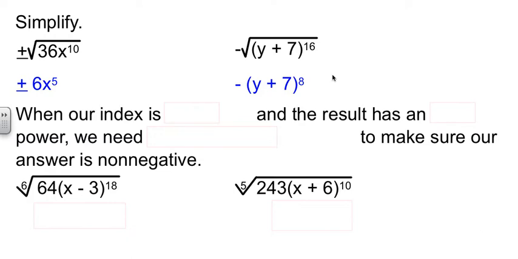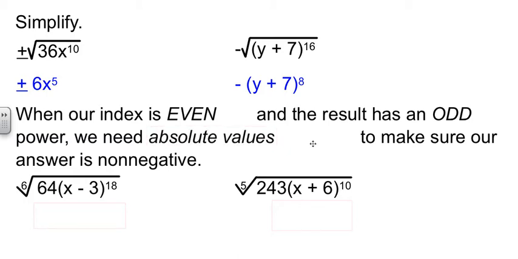Now, we said in some cases you can get more than one answer and you have to worry about the non-negative version. The rule is if your index is even and the result is an odd power, then you need to make sure you're not dealing with a negative answer.